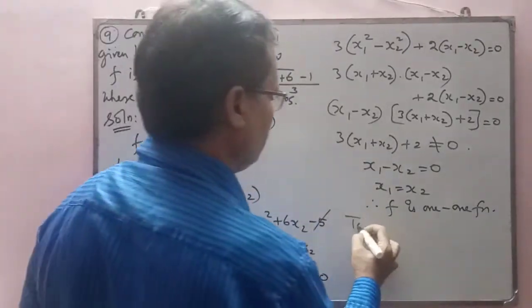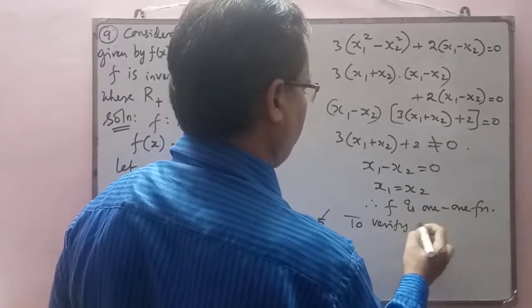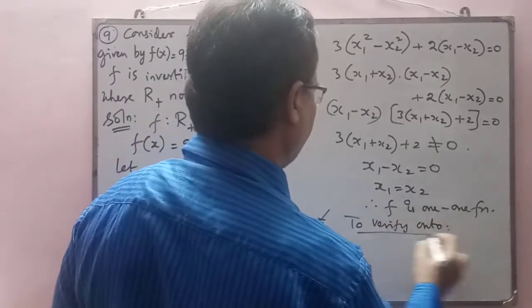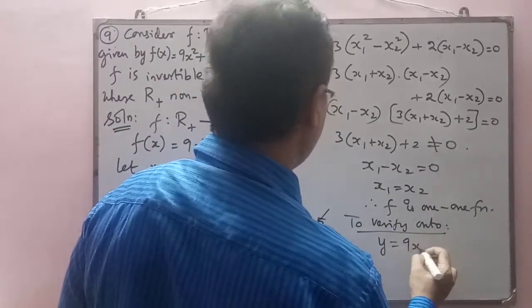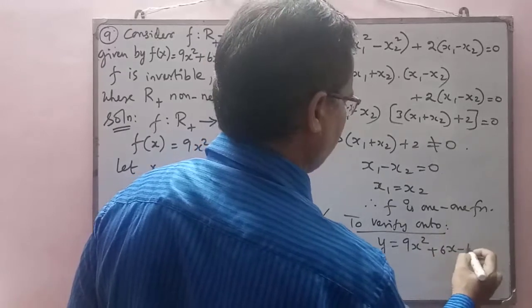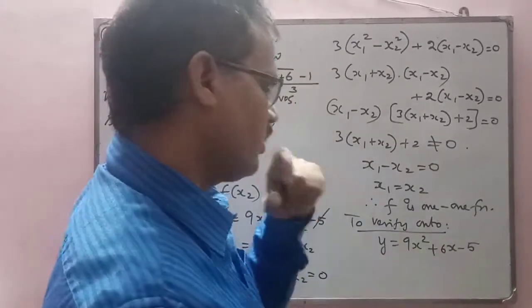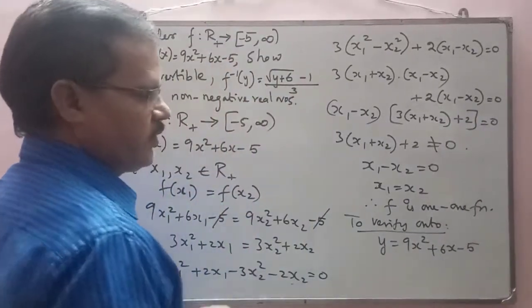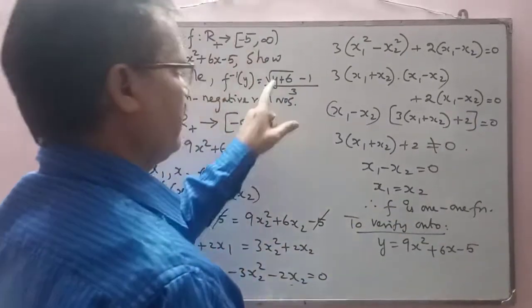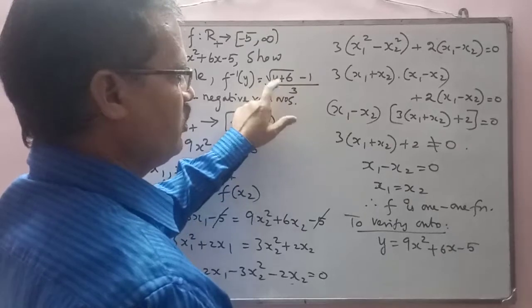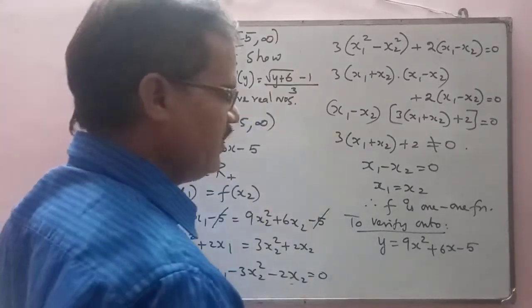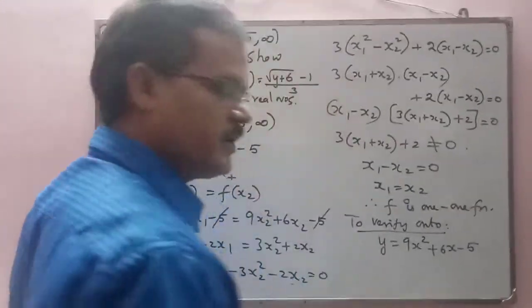To verify onto, what you should do? You take the given function as y equals 9x squared plus 6x minus 5. Now we have to solve this for x. Whatever method you are going to use, you can use, but the final answer should be like this: x is equal to root of y plus 6, minus 1, by 3. I am going to use the complete square method.